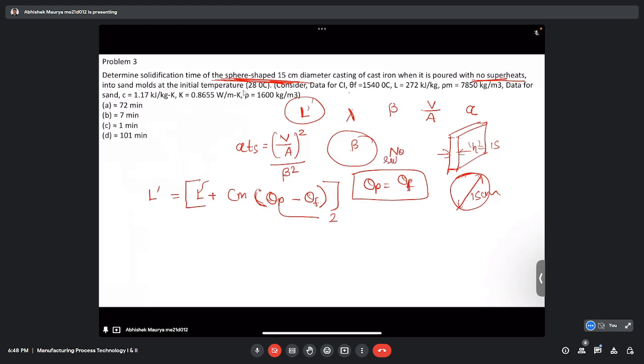So this term will become 0, and theta f equals 1540 degrees centigrade. Finally we are left with L dash equal to L, and L is given as 272 kilojoule per kg.